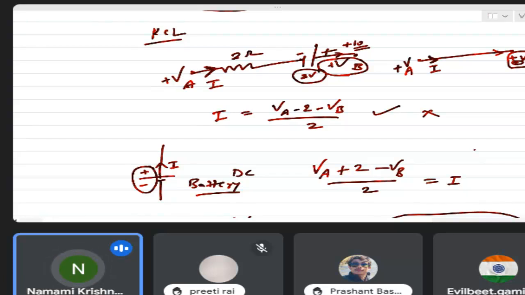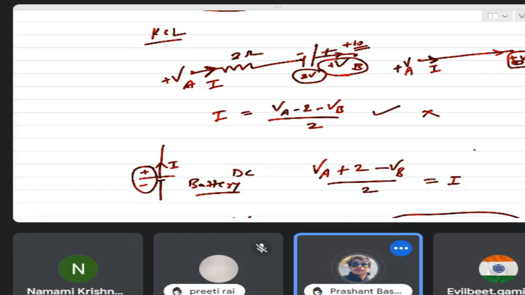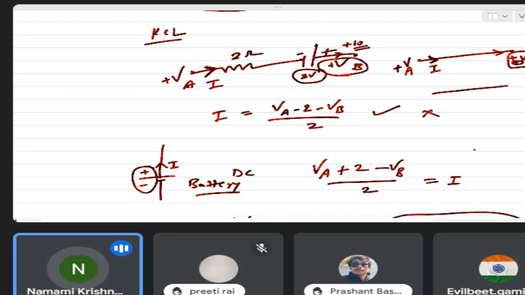This is the reason. So then if we had started the equation from the VB side, then VB would be positive and VA would be negative, right? Yeah. If you have assumed the current like this, then the scene will be changed.